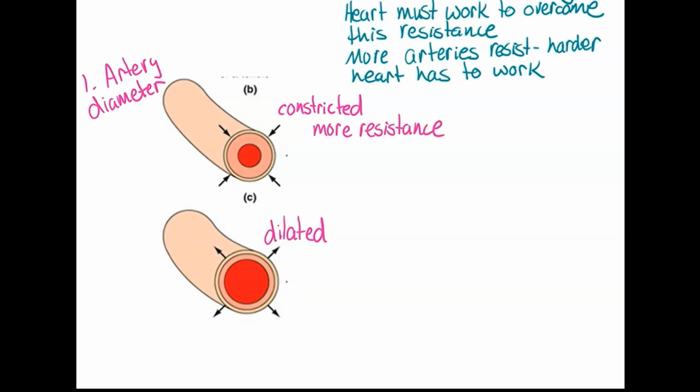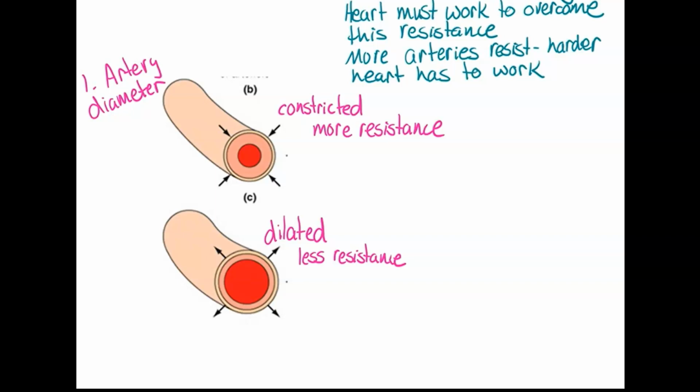Think of like a hose or a straw. If something is narrow, it's harder to push fluid through that. The dilated artery has less resistance. So if your arteries are wide, it's a lot easier for the heart to pump that blood through those nice wide arteries.